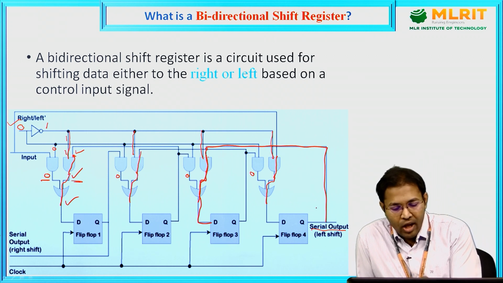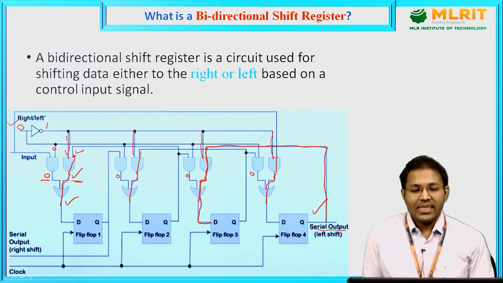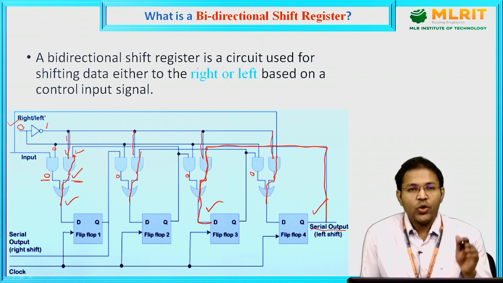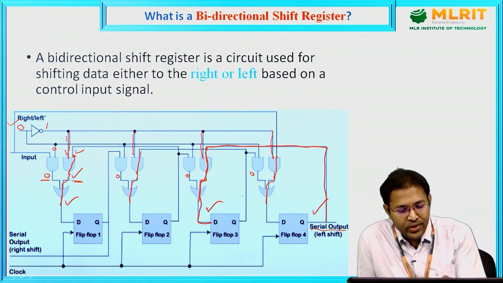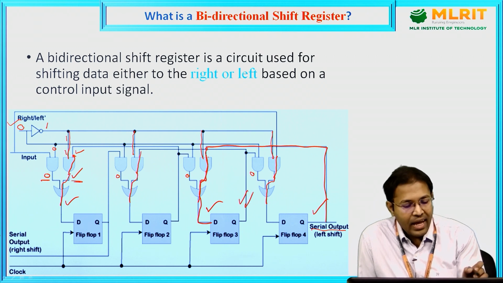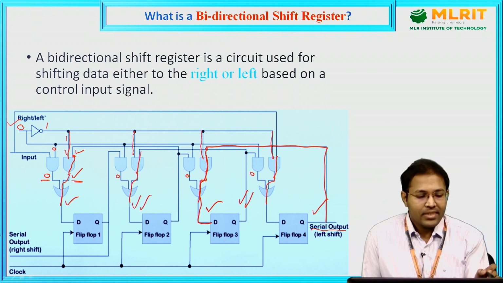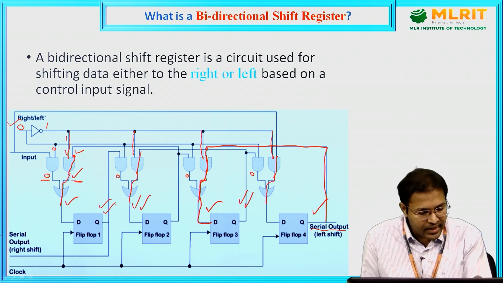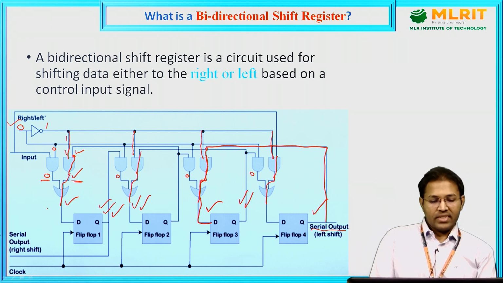So the output of the flip-flop is acting as the input to its previous stage. Because this is a symmetrical structure, the same thing is valid: the output here acts as the input here. Similarly, the output here acts as the input to the previous stage.